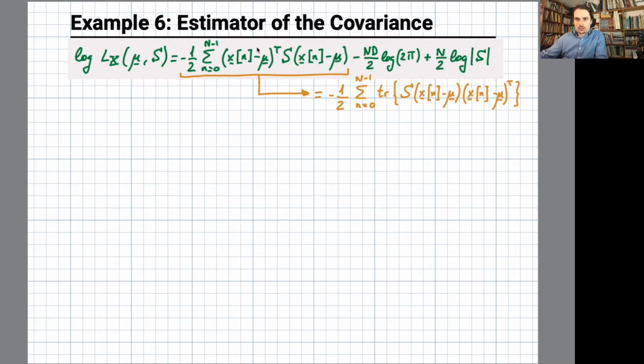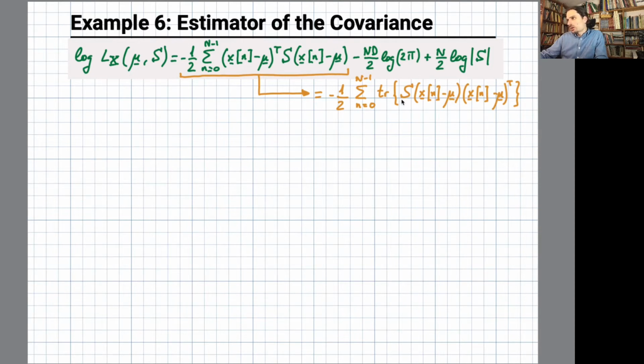And therefore, this matrix equals its own trace, right? So by applying the properties of the trace that we saw earlier, specifically the trace of A times B equals the trace of B times A, we can rewrite this in this way here.